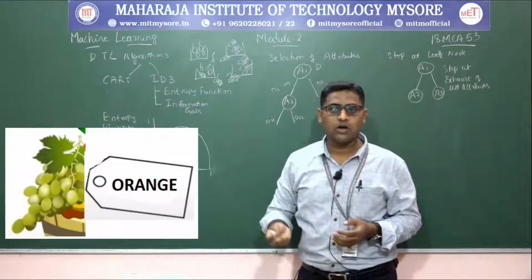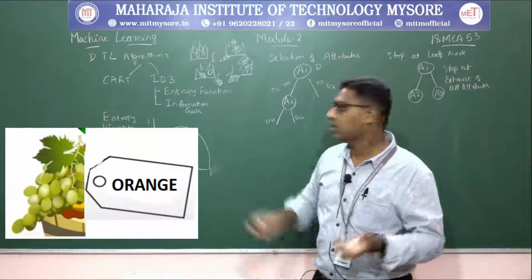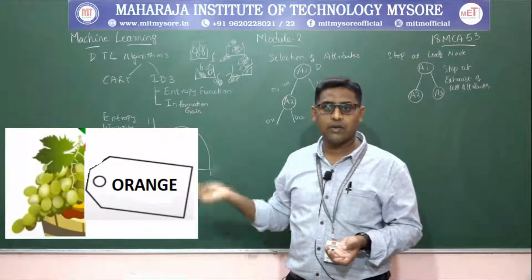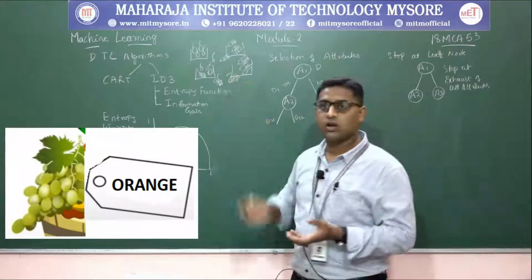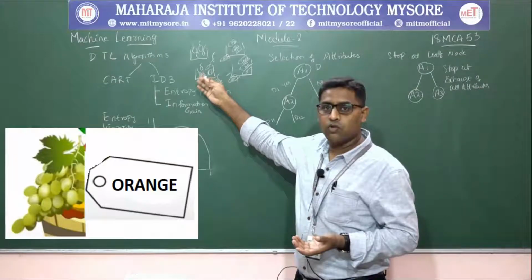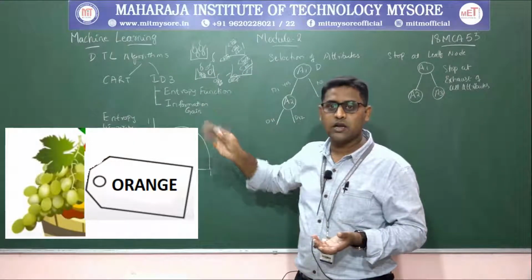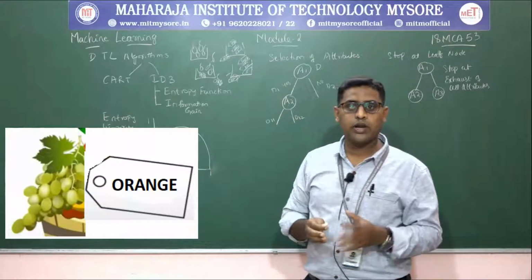If the fruit you have taken from the basket is grapes and the label you have taken from the label basket is orange, that is a mismatch. That is called impurity. When the fruit and the label do not match, that is called impurity.